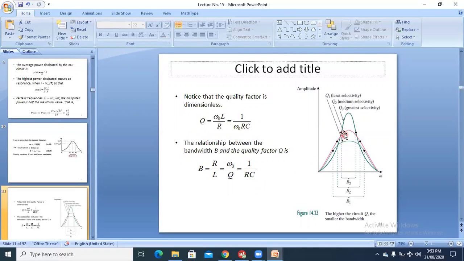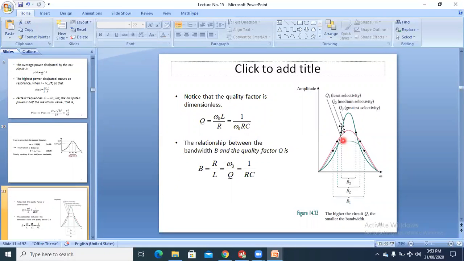So for different values of quality factor, you can see the difference in the bandwidth. So you have the bandwidth affected by the quality factor.